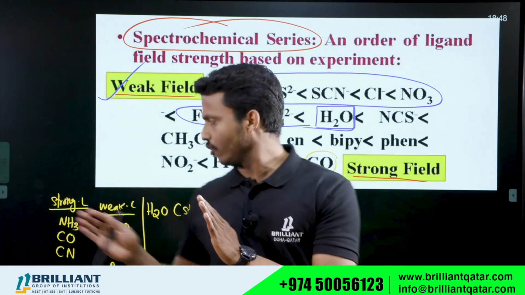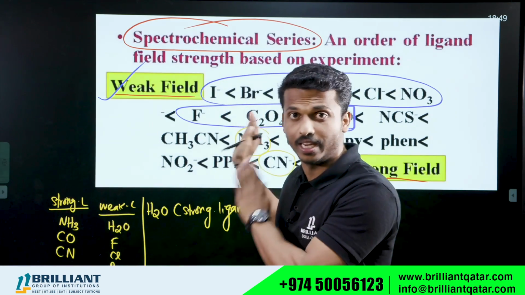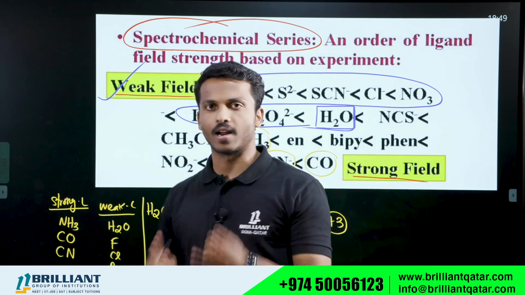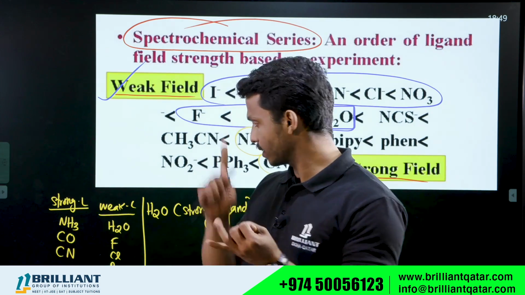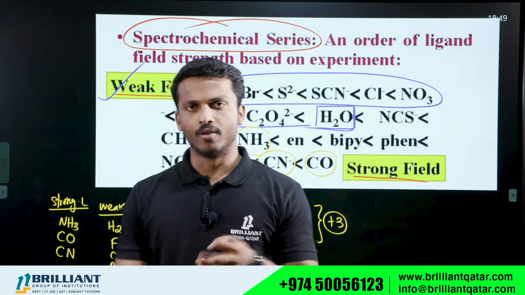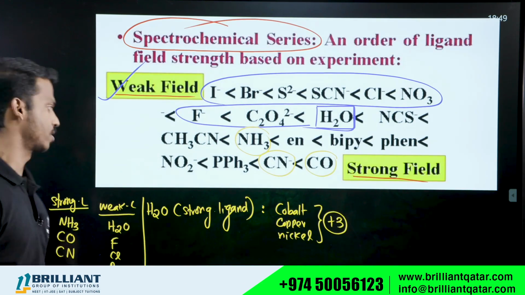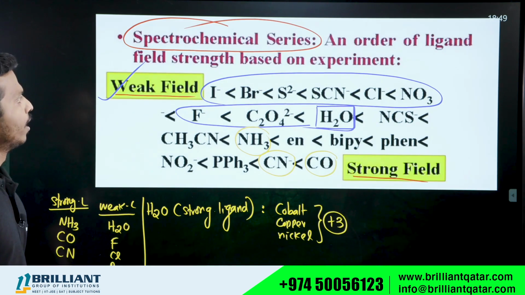You should know the series very thoroughly; I'm just saying the most common. Strong ligands are amine, CO and cyanide. Weak field ligands are generally aqua and halogens.